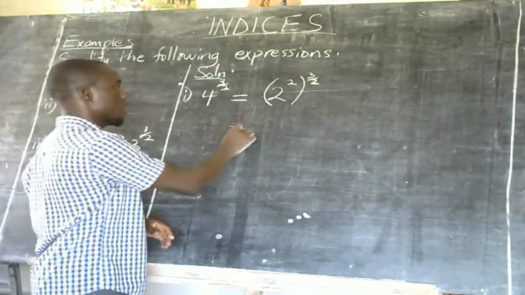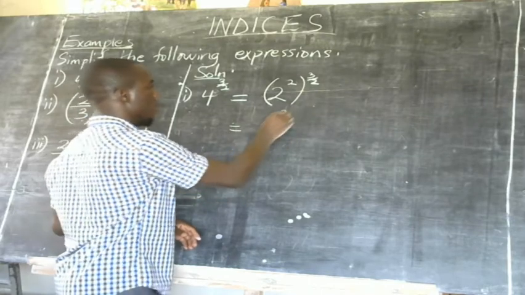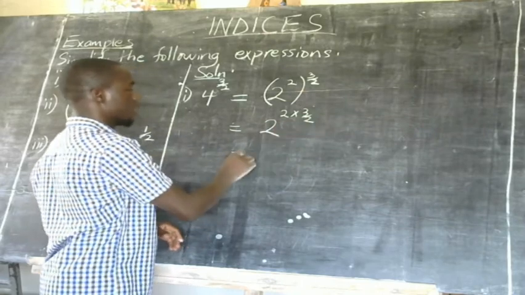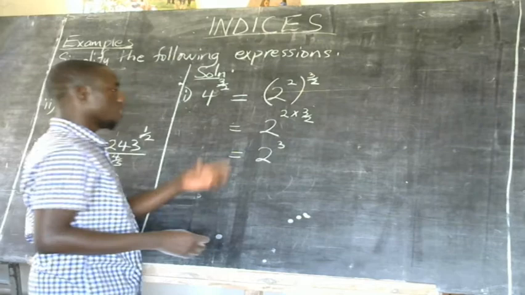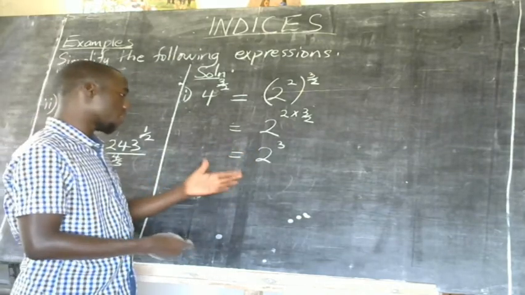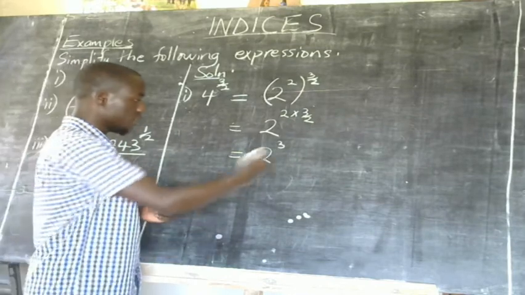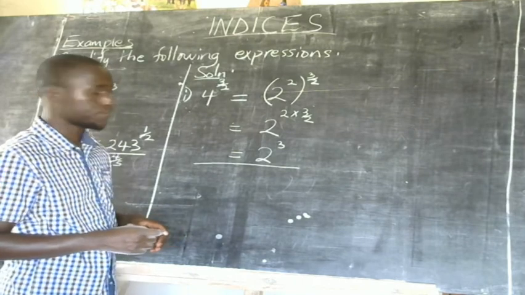So when I open the bracket, the powers are going to multiply each other there. Then finally I'll be having 2 power 3. If the question was evaluate, you can give the answer as 8. But here they have told us to simplify, so I can leave my answer in index form.